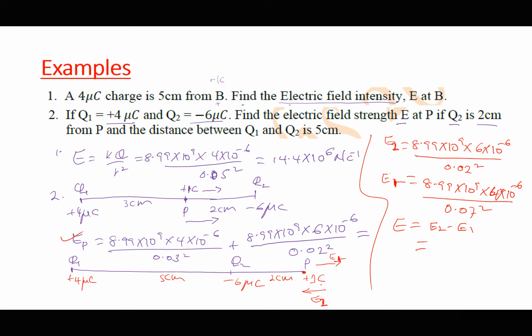And the second case where P is on the other side, I'll just calculate one case.